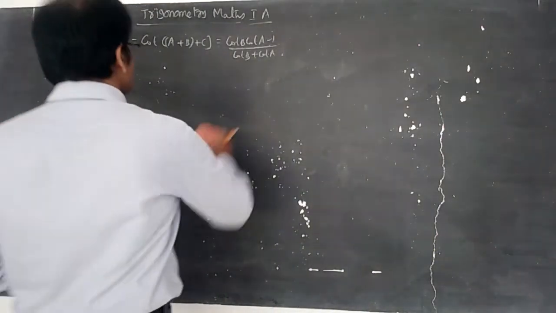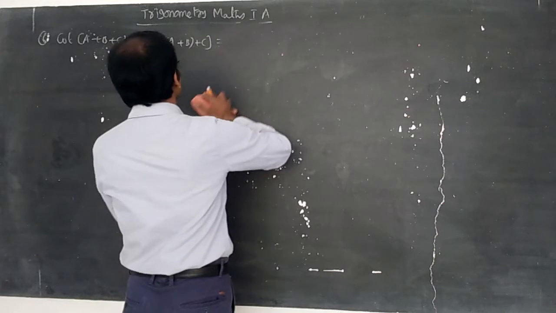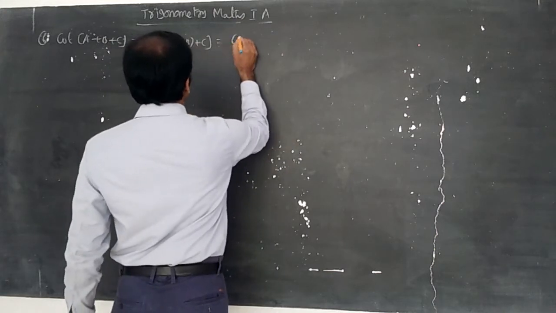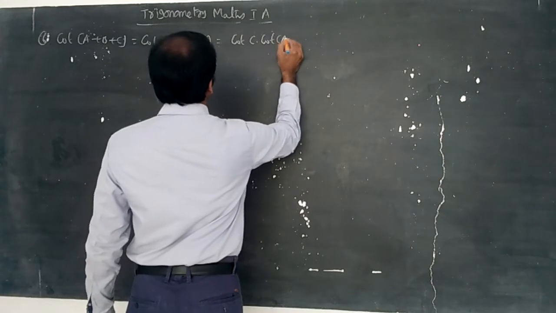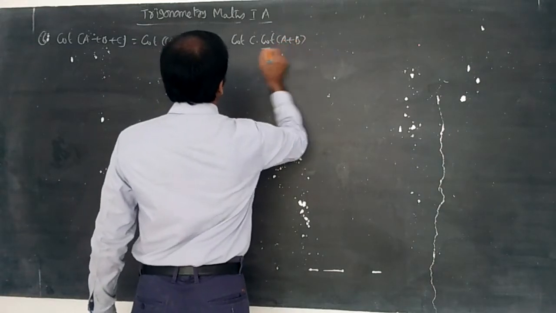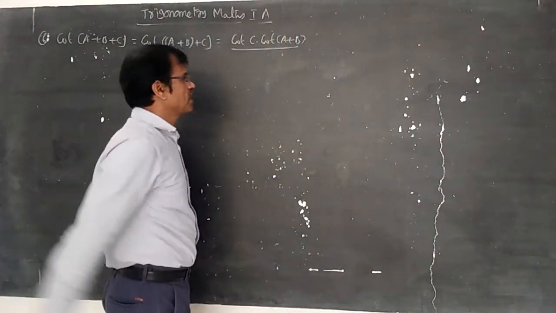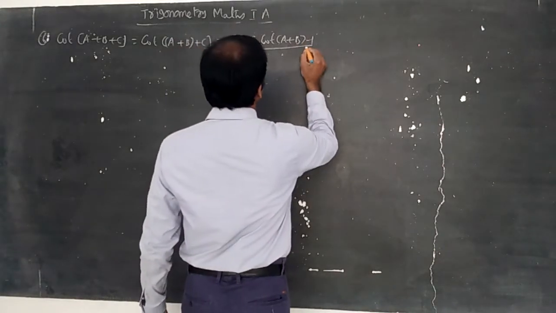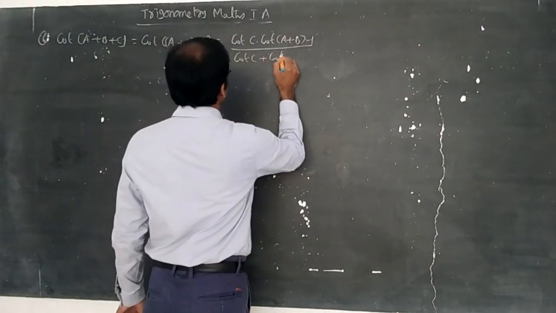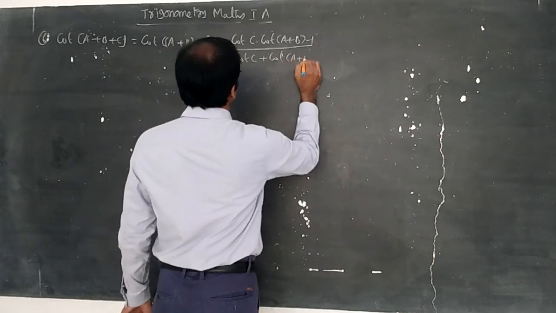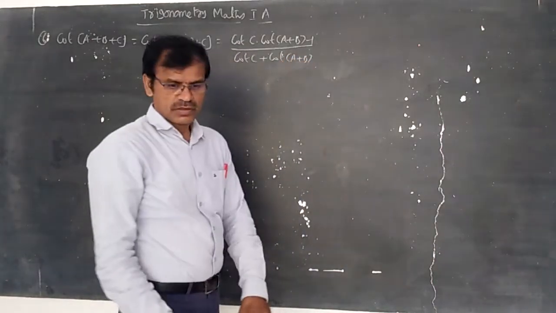So first of all, this is cot C, and cot of A plus B by the formula is cot B cot A minus 1 by cot B plus cot A. So cot C plus cot of A plus B.